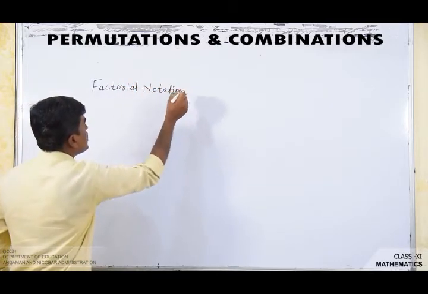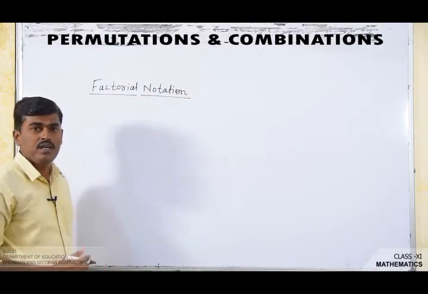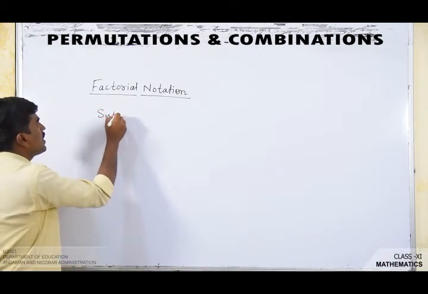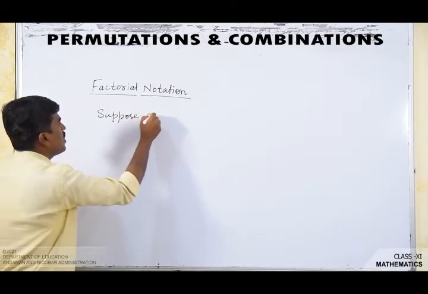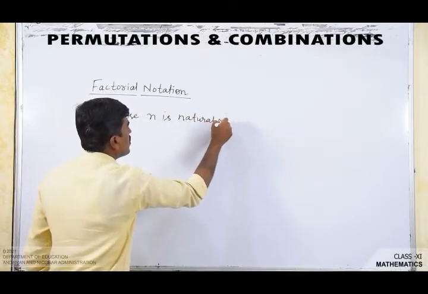So before going to the concept of permutation and combination, we should know what is meant by factorial notation. Suppose n is a natural number.